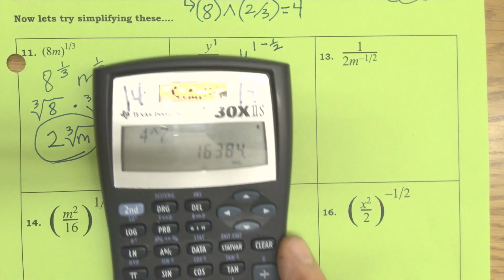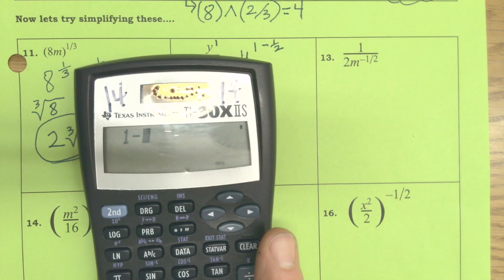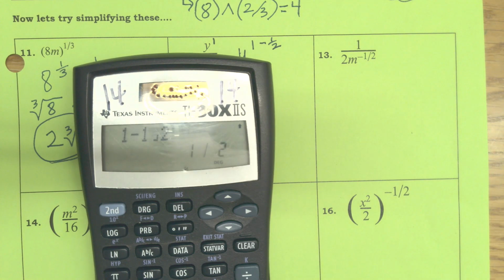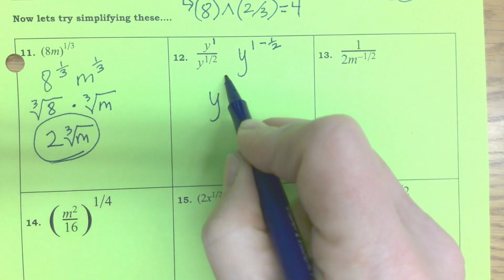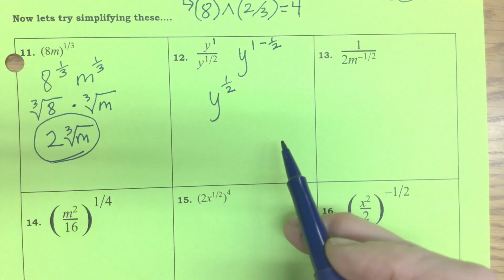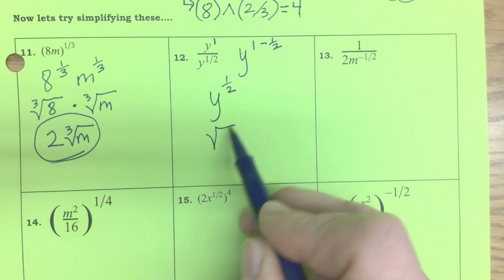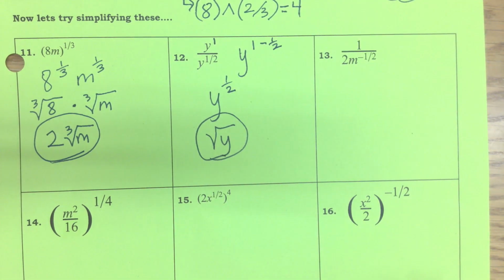So 1 minus 1/2, I get 1/2. So this is like y to the 1/2 power. Well, I don't know what that is, so the best I can do is the square root of y. Final answer.